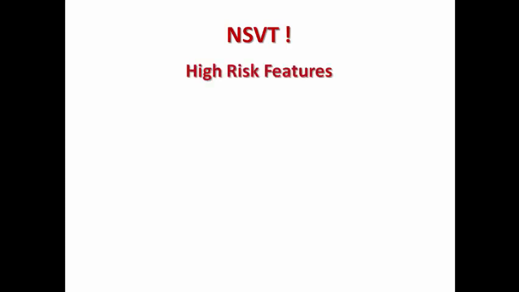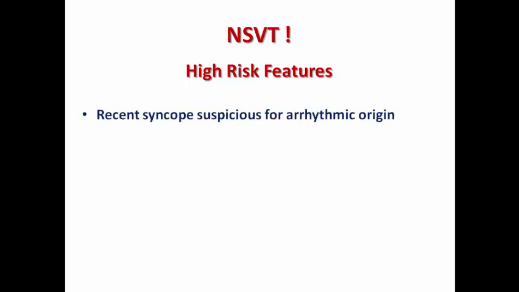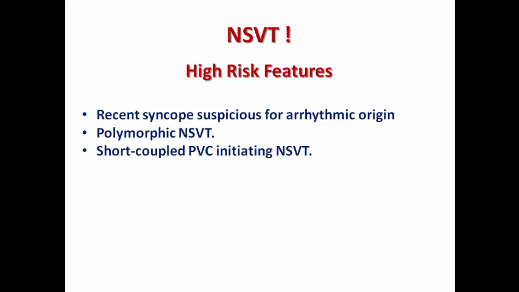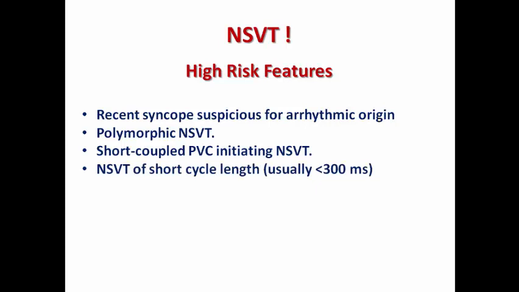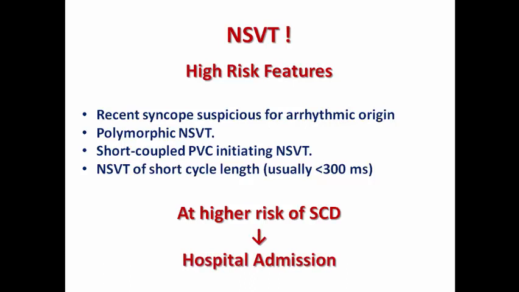We need to look for actual high-risk features that may increase this patient's risk for sudden cardiac arrest, like recent syncope suspected to be of arrhythmic origin, polymorphic non-sustained VT, short-coupled PVC initiating the non-sustained VT run, and short cycle length, like less than 300 milliseconds. All of these are considered high-risk features for sudden cardiac death, and so this patient may need hospitalization. Otherwise, this patient can be considered to be at low risk.